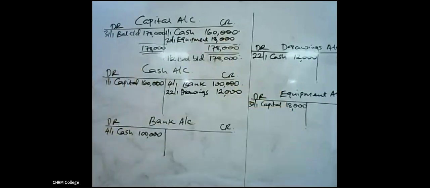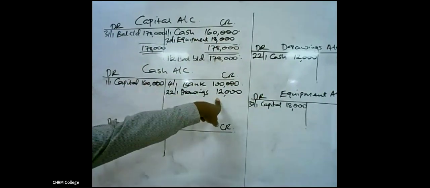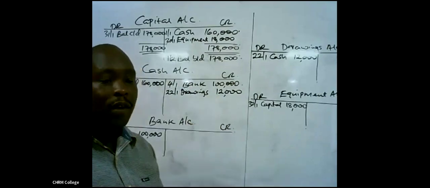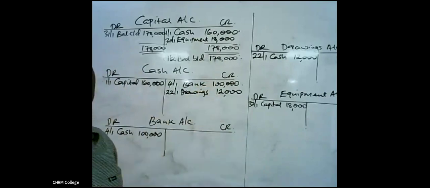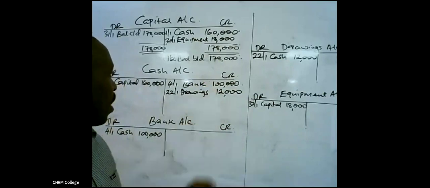What about cash? We received 160,000, we have spent, or we have transferred or spent, 112,000.